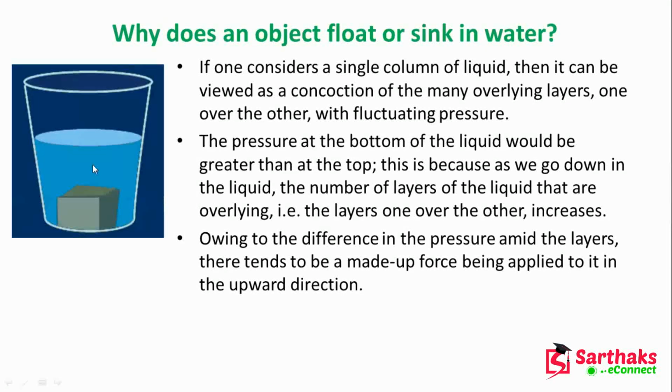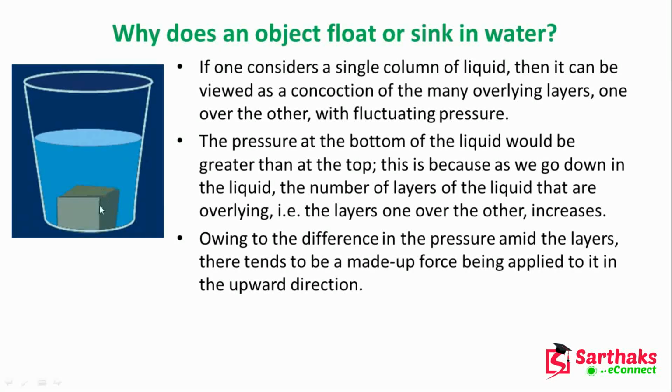Now, why does an object float or sink in water? Here you can see this is an object, and why will it float or sink? If we look at this water, we may consider that there are some layers of water here. And the pressure of these water levels is responsible for the event.